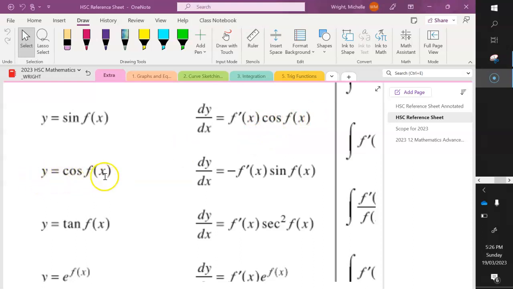Likewise, when we have cos of f of x, differentiate the f of x, pop that out the front, and we end up with minus sine of f of x. And when we've got tan of f of x, differentiate f of x, and we end up with sec squared f of x. So I need you to keep looking at that as we're practicing our work, and always referring back to your HSC formula sheet, because you're not going to get points in the HSC for copying that down, because you've got that given to you.